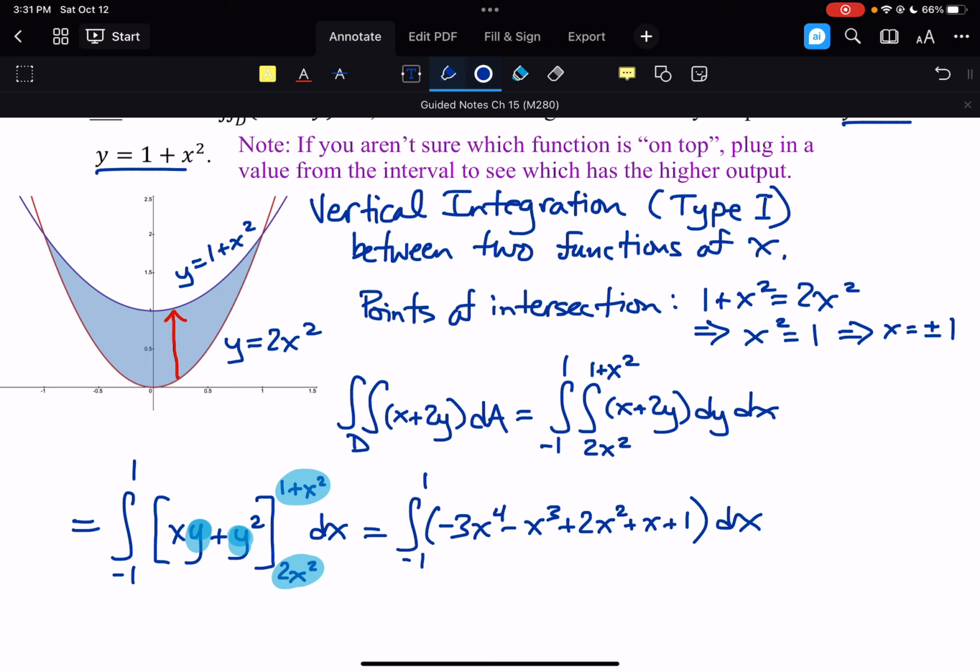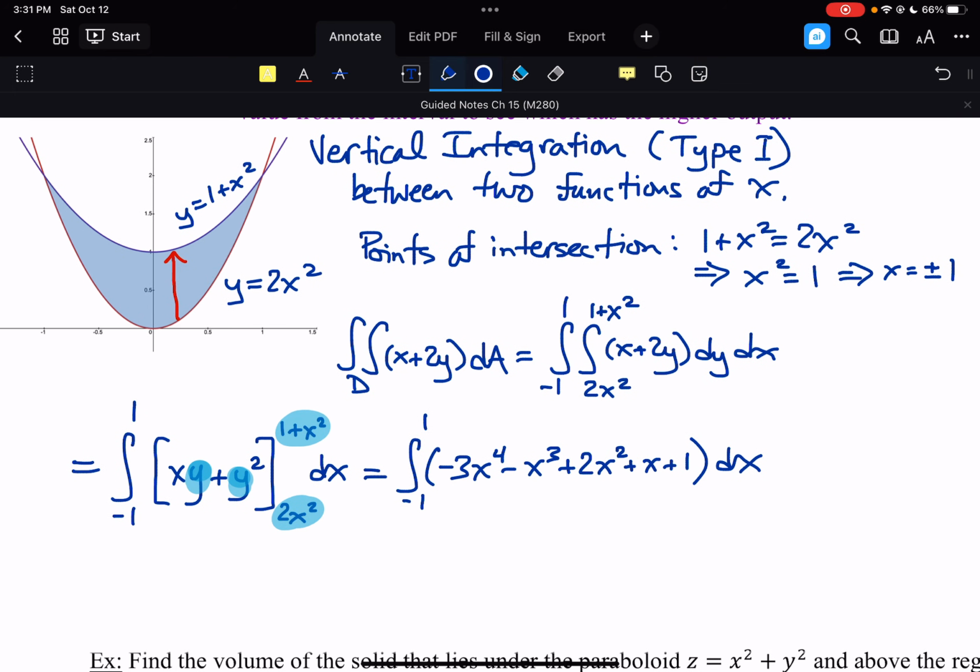So we just employ the fundamental theorem of calculus, just f of b minus f of a. And now we have a function all in terms of x, and x only. So now we can just do single variable calculus on this.